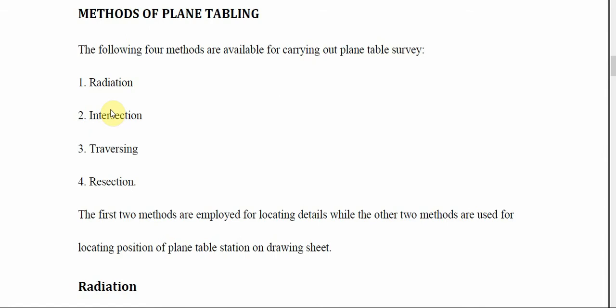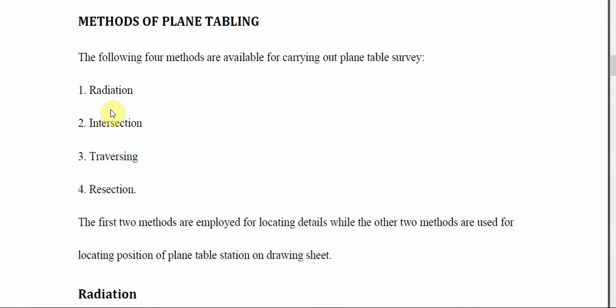Out of these four methods, the first two are employed for locating details, while the other two are used for locating the position of the plane table station on the drawing sheet. That is, the first two methods are used for plotting work. The last two methods are used to locate the position of the plane table station on the drawing sheet.